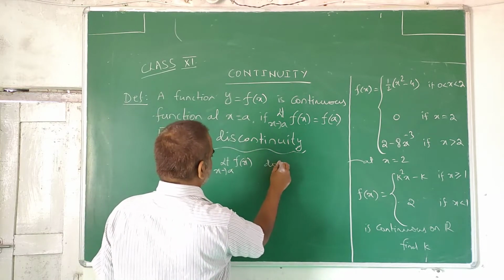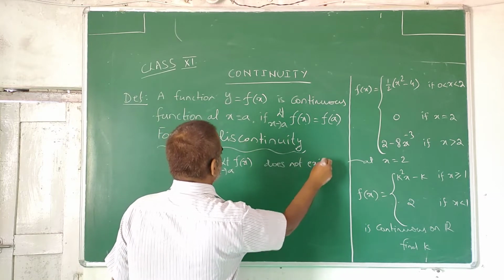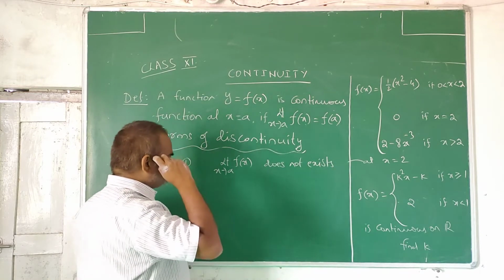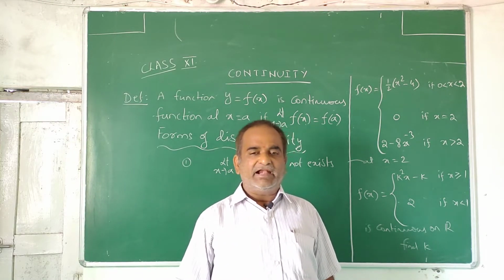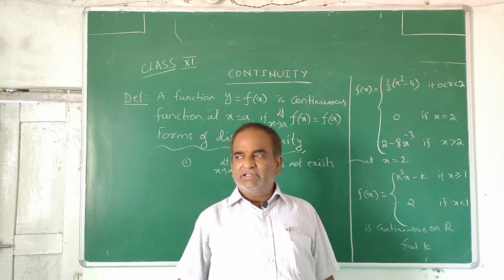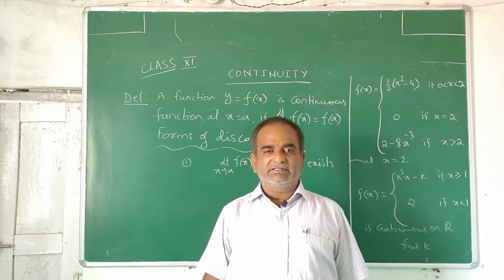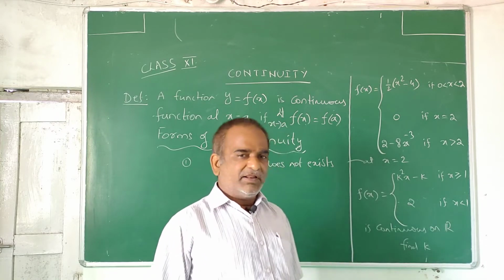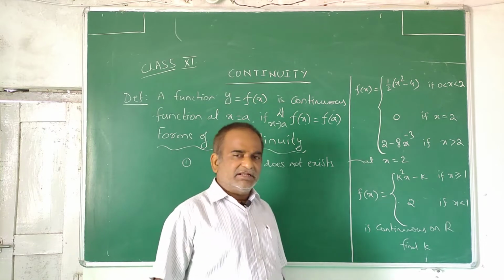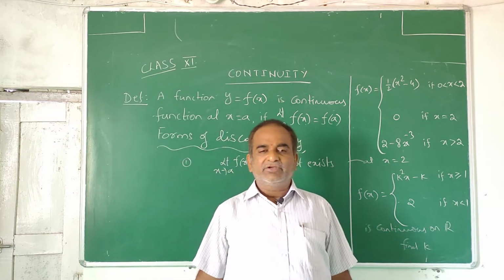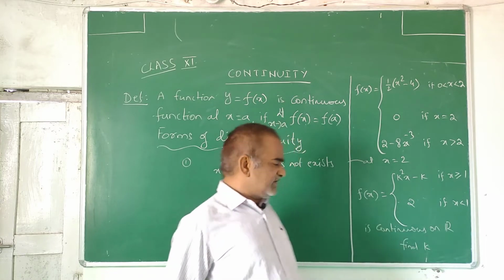When the left hand limit is different from the right hand limit, we say that the limit does not exist. If the limit does not exist, then the function is discontinuous at x is equal to a. This is one form of discontinuity.